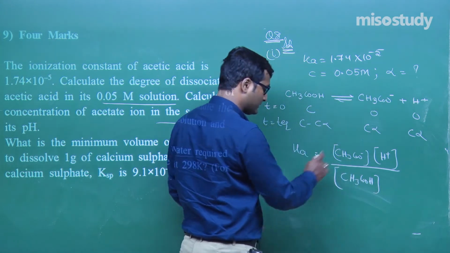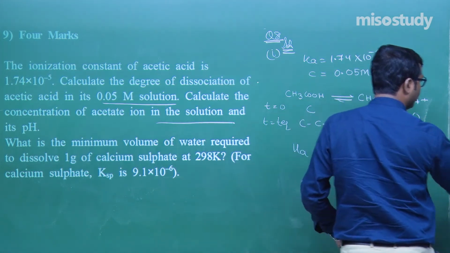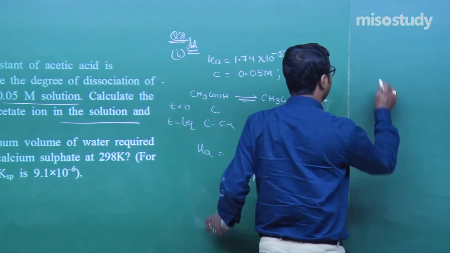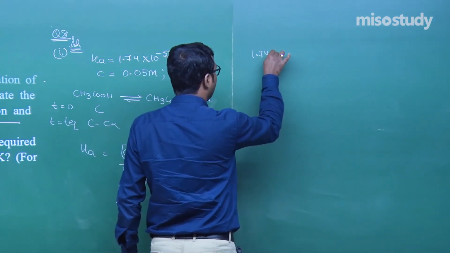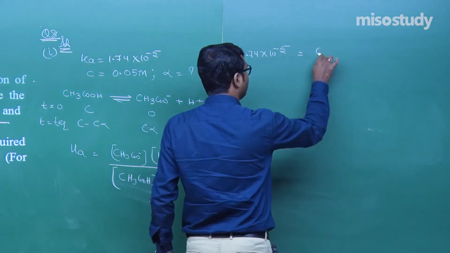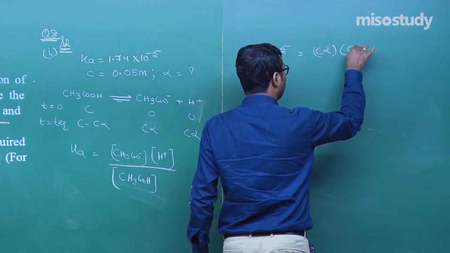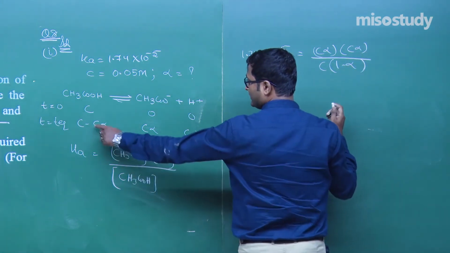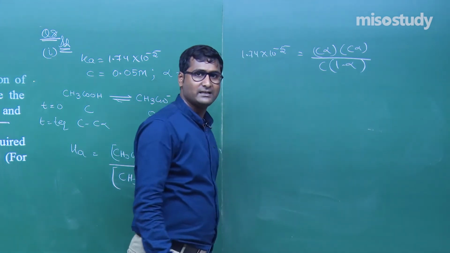So Ka is 1.74 into 10 to the power minus 5, equal to C alpha into C alpha upon C into 1 minus alpha.